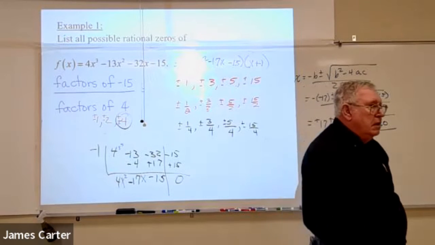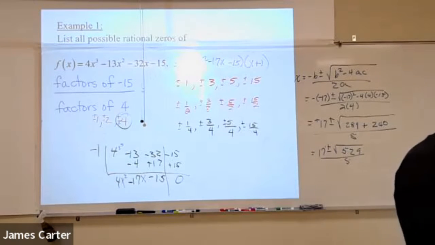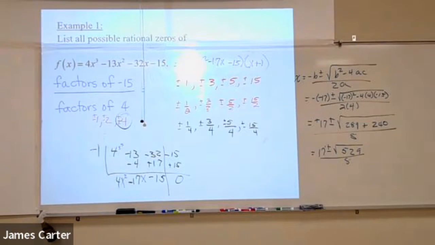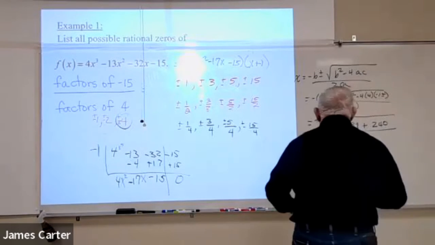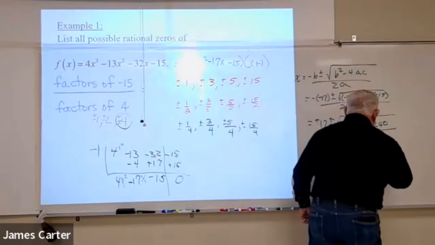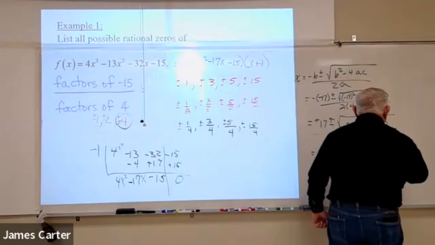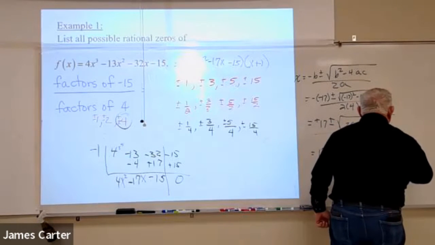Now, is 529 a perfect square? Someone do square root of 529. 23. 23, okay. I'm going to go sideways this time. 17 plus or minus 23 over 8.